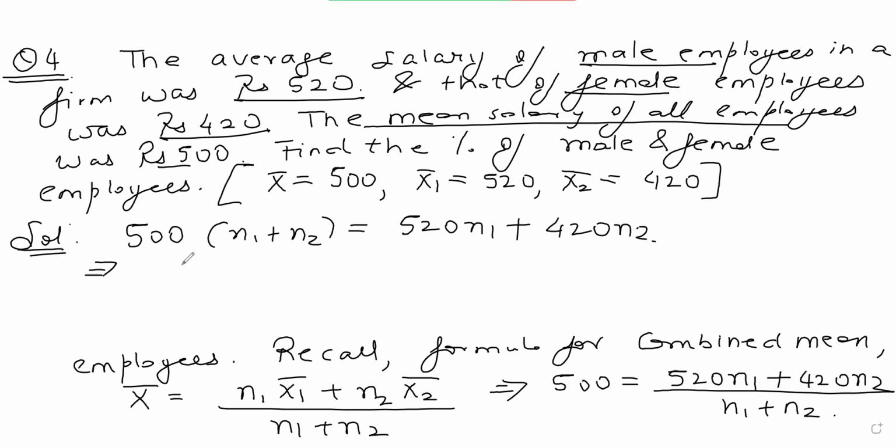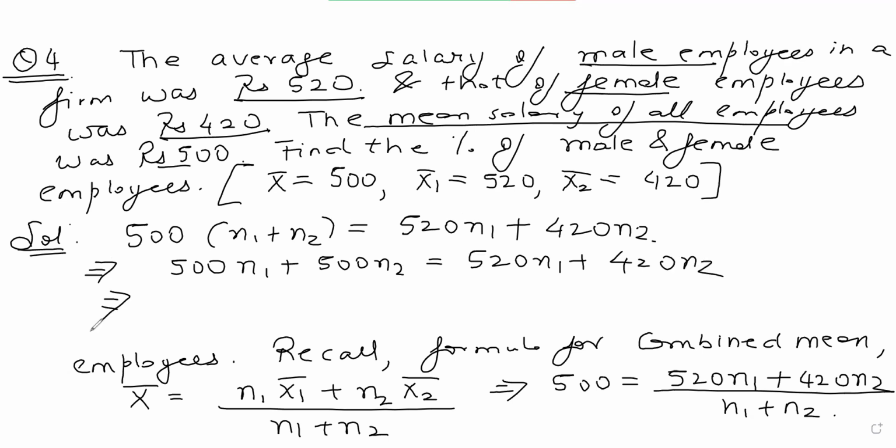is equal to 520 N1 plus 420 N2, which implies 500 N1 plus 500 N2. I've just opened up the brackets on the left hand side. Now I bring everything to the right hand side. So 0 is equal to 520 minus 500, 20 N1, and 420 minus 500 is minus 80 N2.